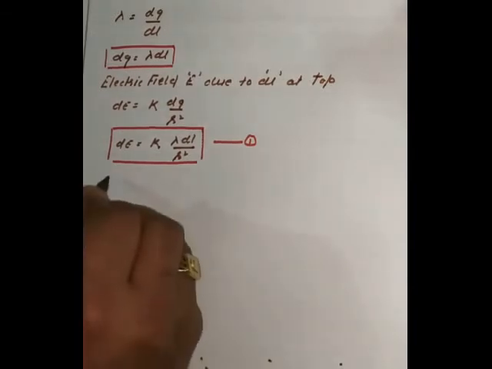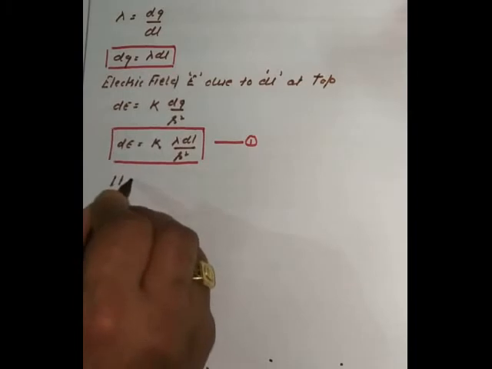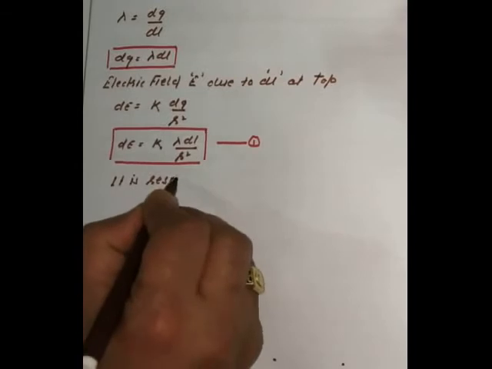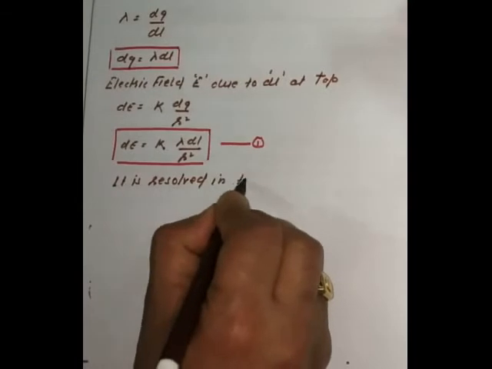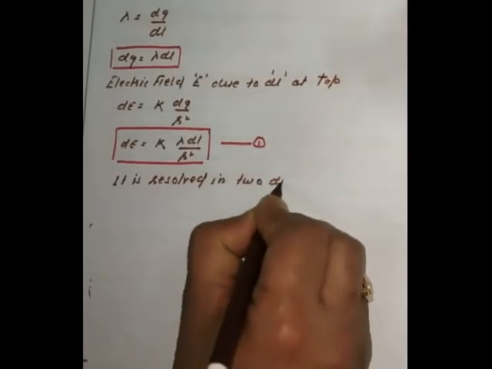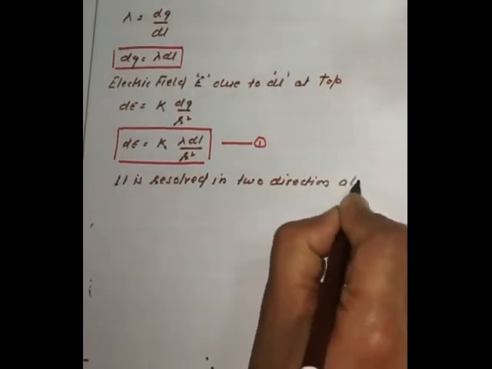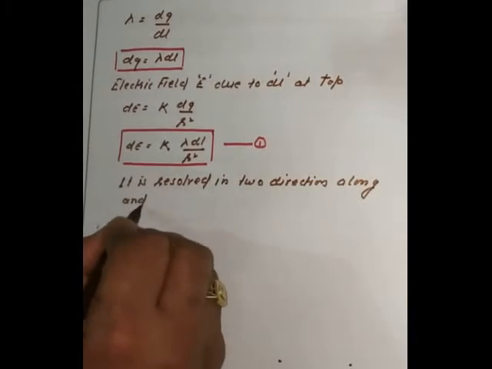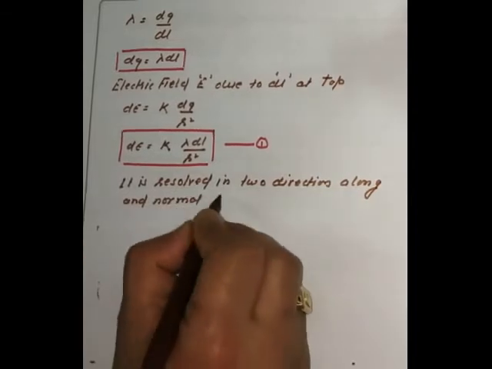Then you have to write: it is resolved into directions along and normal to the axis.